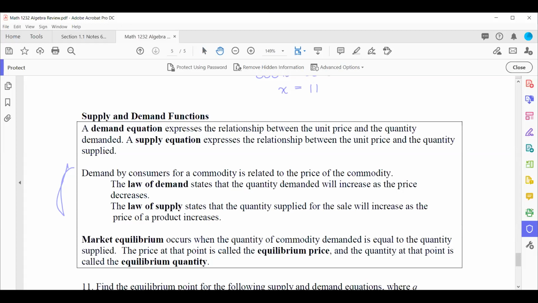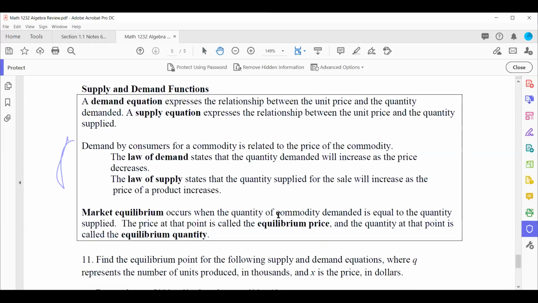The law of supply states quantity supplied will increase as the price, I think that should be decreases. I don't know. That doesn't sound right, but I'll check that. Okay, then market equilibrium occurs when the quantity demanded is equal to the quantity supplied. And then we have what's known as equilibrium price and equilibrium quantity. All right.